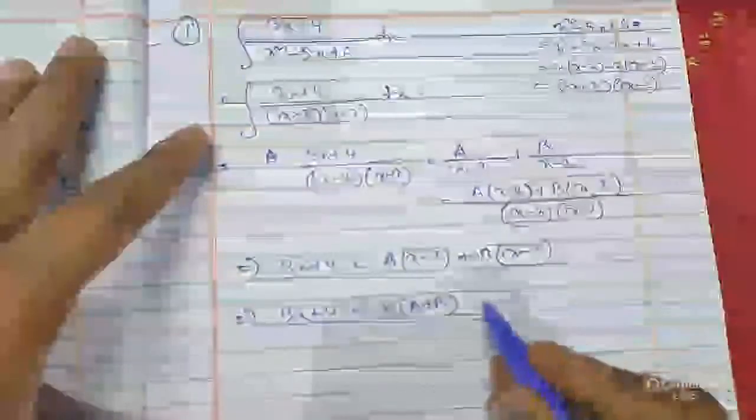Which implies, you take x common, a plus b, and the constant term is minus 2a minus 3b. Comparing on the RHS, 4 is the constant term.